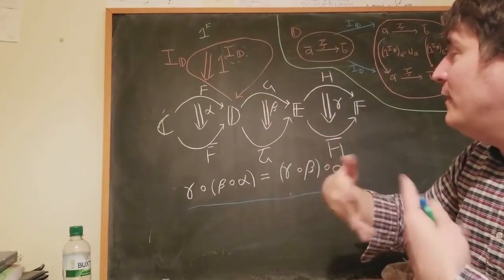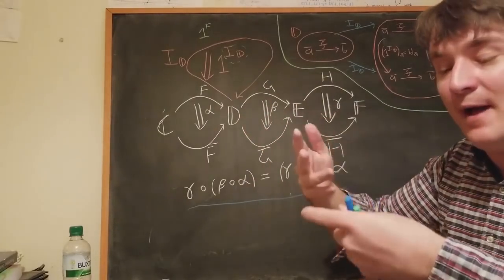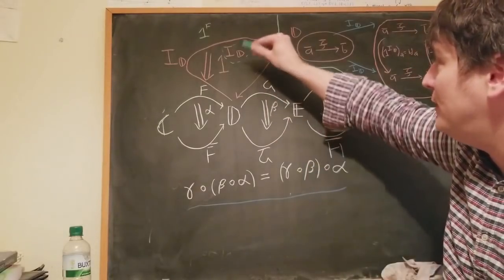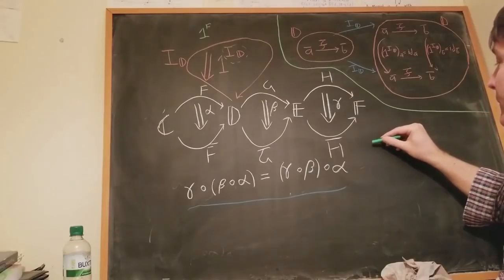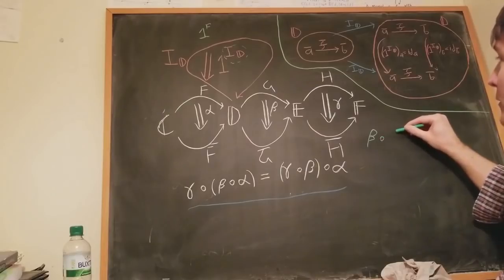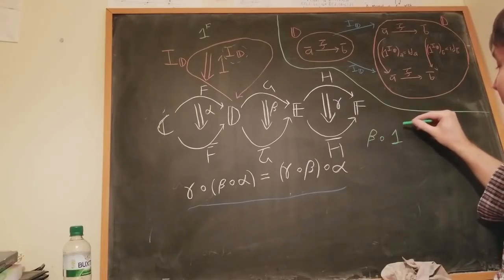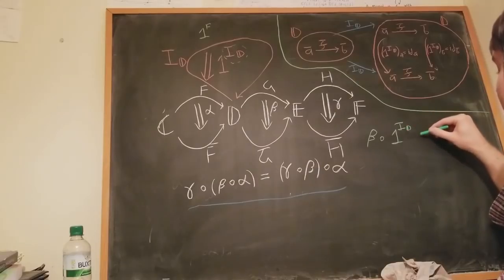And again, you can convince yourself of this just by drawing out a version of that diagram that I just described. So essentially what we're saying here is that beta horizontally composed with the identity natural transformation associated with the identity functor is going to be equal to beta.